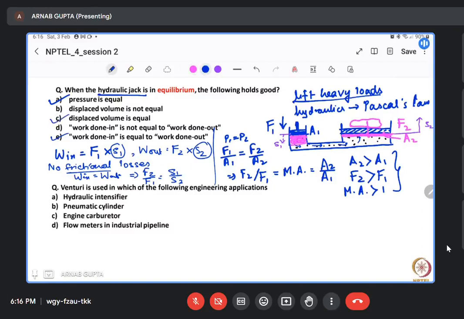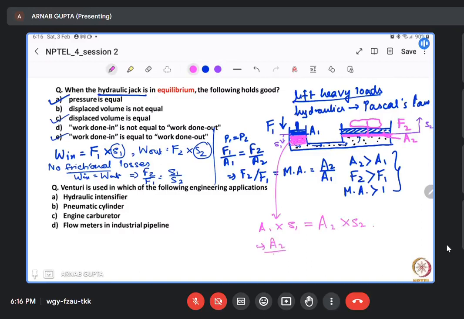What is the displaced volume in case of one? It is nothing but area 1 into displacement 1. So area is mm squared, S1 is the displacement in mm. Similarly, you can write area 2 into S2. Okay.